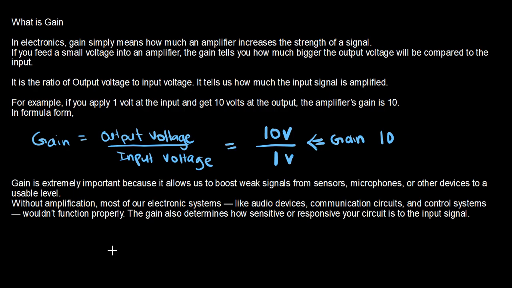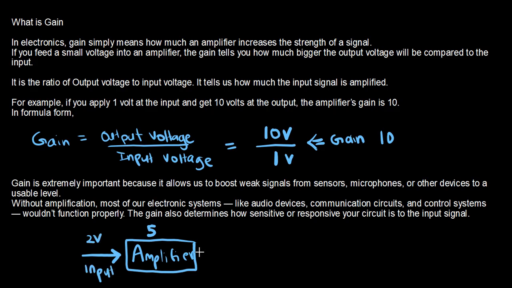Another way to illustrate this is we have an amplifier here, and it has a gain factor of, let's say, 5, and we provide an input voltage of 2 volts.